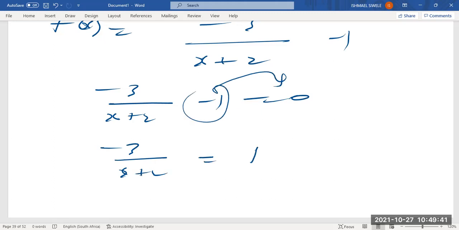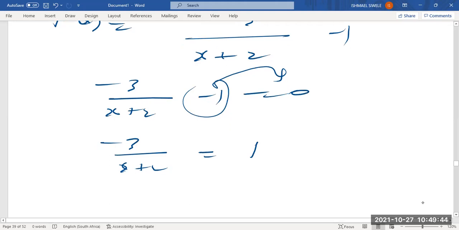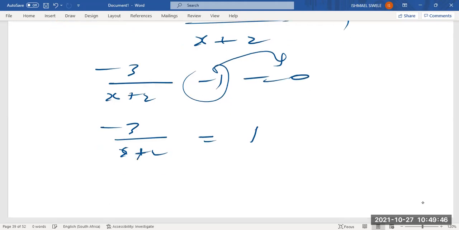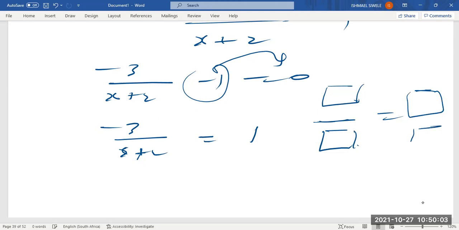Now, the other way that I was shown how to do this is to look at this box: a fraction equal to another fraction. But let me not do that one because this is pretty much straightforward.